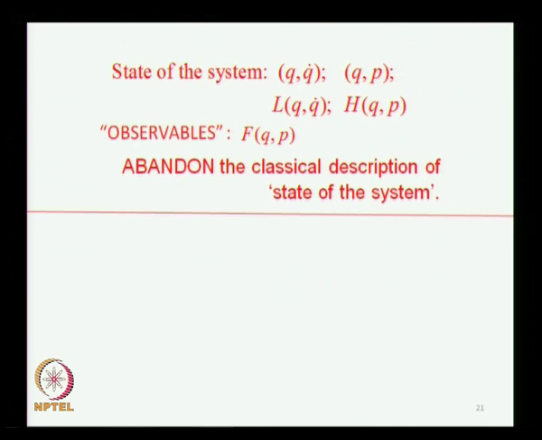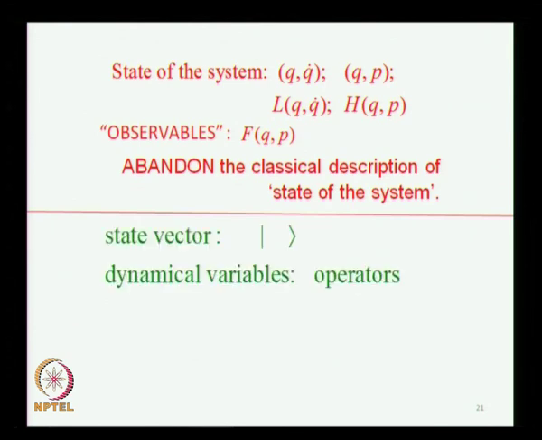You need to get into quantization, and now we can really answer what quantization is. Quantization suggests that you do not describe the state of a system by q and p anymore, but you describe it by a state vector. Dynamical variables you represent by operators, and this is something which Pranay suggested.